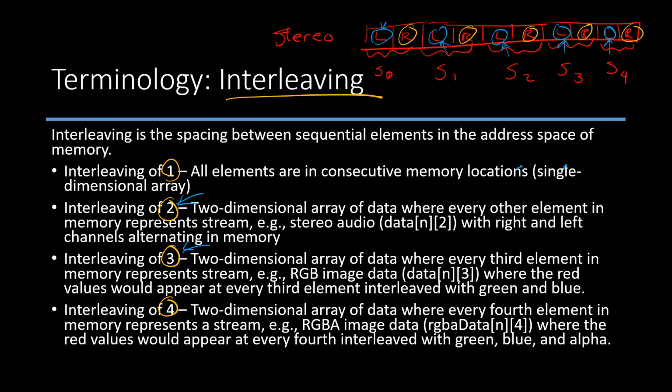Interleaving of 3 would help me with this, because then I could load one vector register with all the red, one with all the blue, and one with all the green, and then add them together as 8-bit vector values. Get a result, do a division, and then have my grayscale.